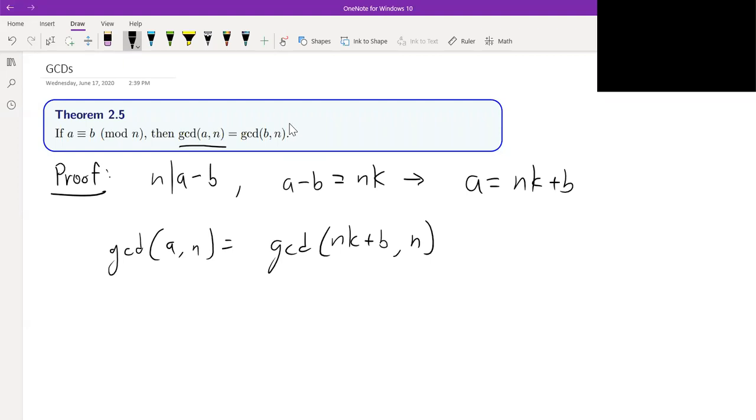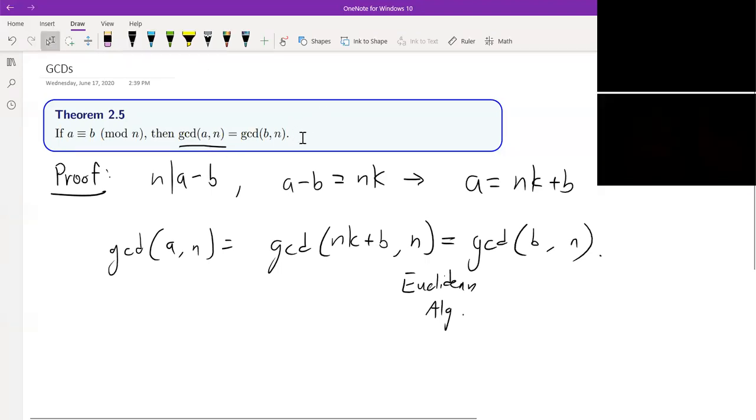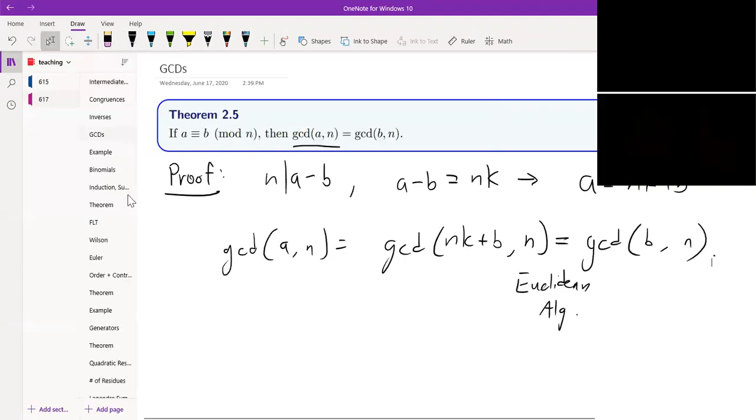So if we just keep subtracting n until we get rid of the nk, what we're left with is GCD of b comma n, using the Euclidean algorithm here. And that's how we prove that these two values are equal. This is going to be a fact that we're going to be using for an example that's coming up.